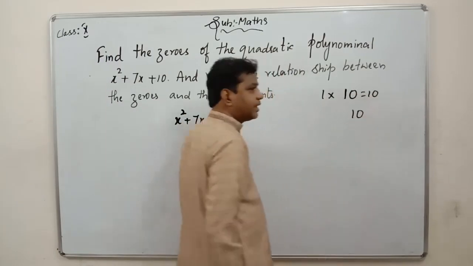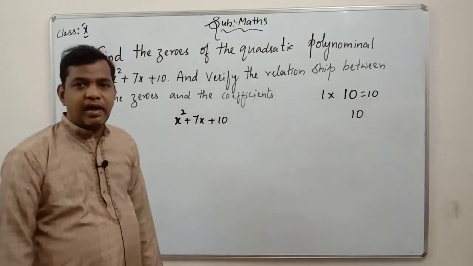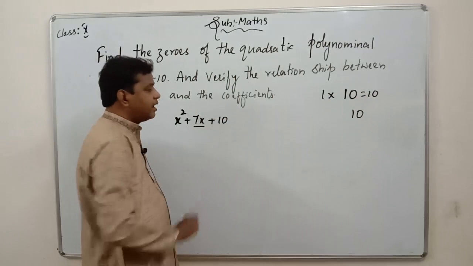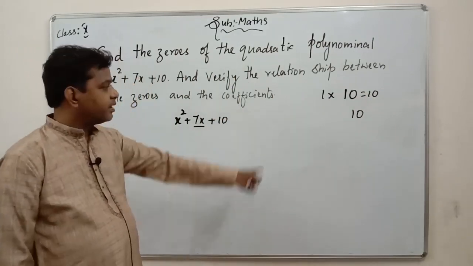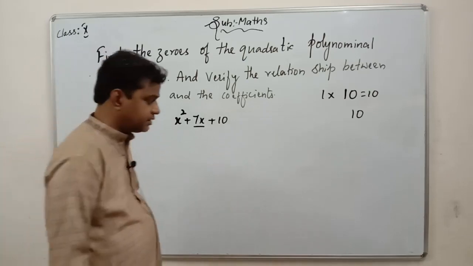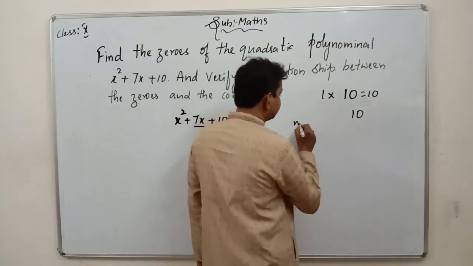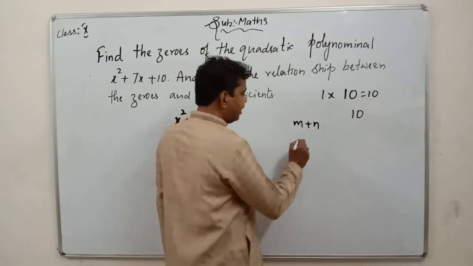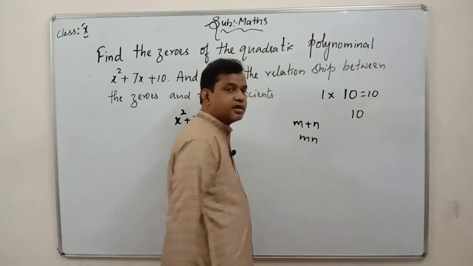So divide the 10 in such a way where the sum should be 7 and product should be 10. How will you divide it? You can go with m plus n, and you can take mn also.